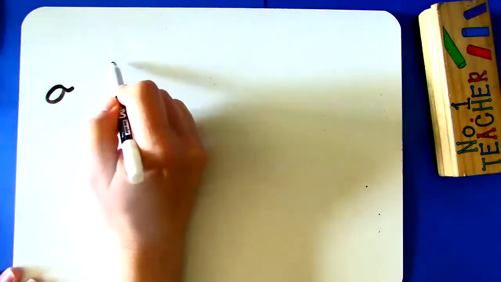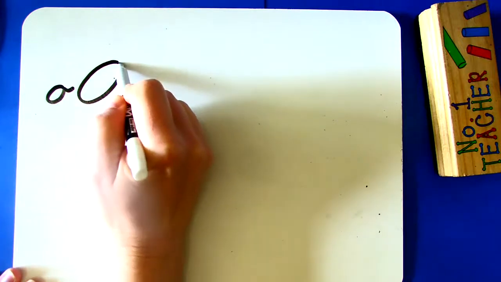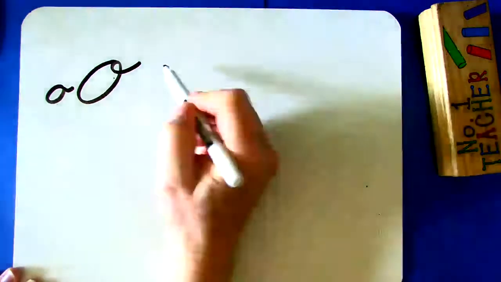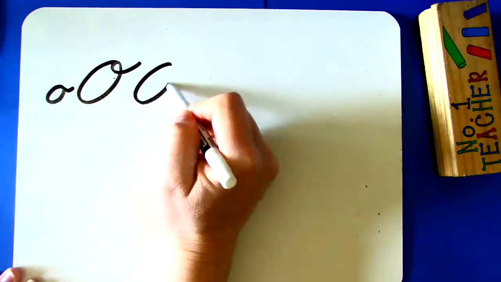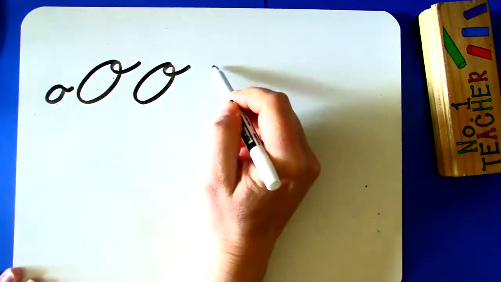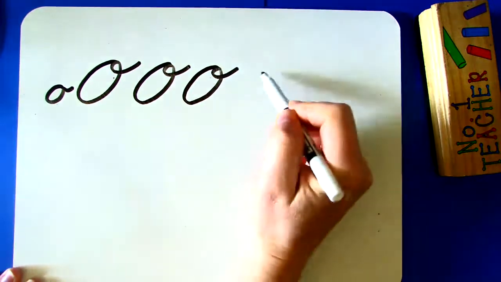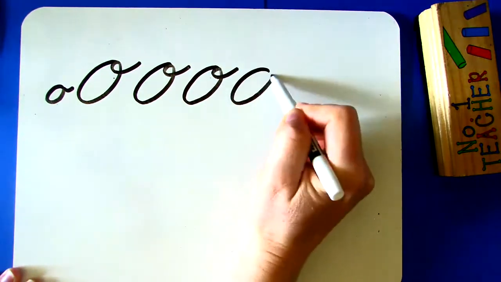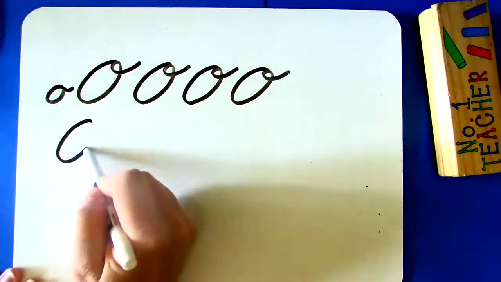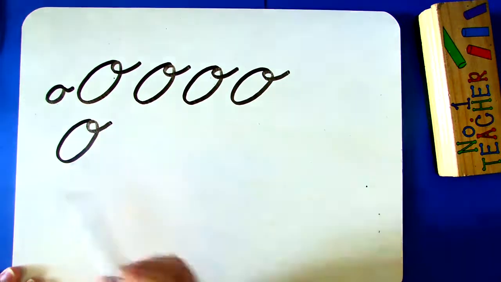Lowercase o, capital O. Down, curving around, give it a hook that loops inside. Down, curving around, give it a hook that goes outside.